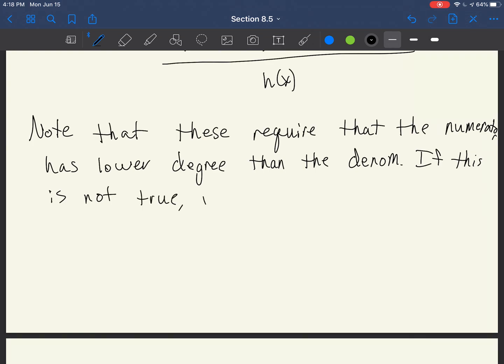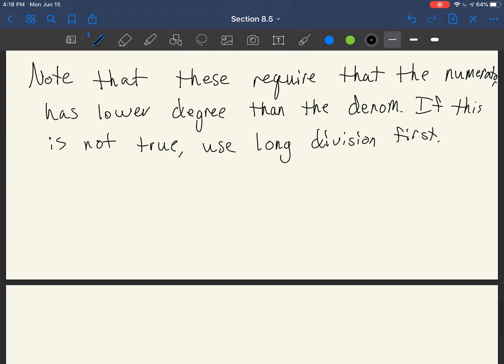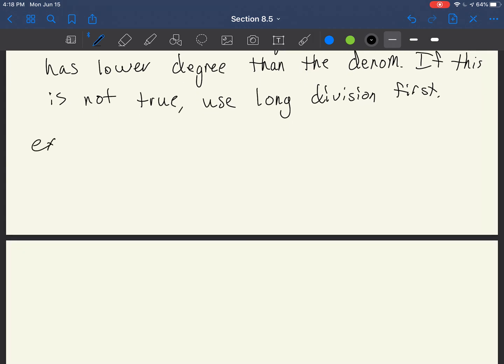If this is not true, we have to use long division. Use long division first. So a quick little example of this.